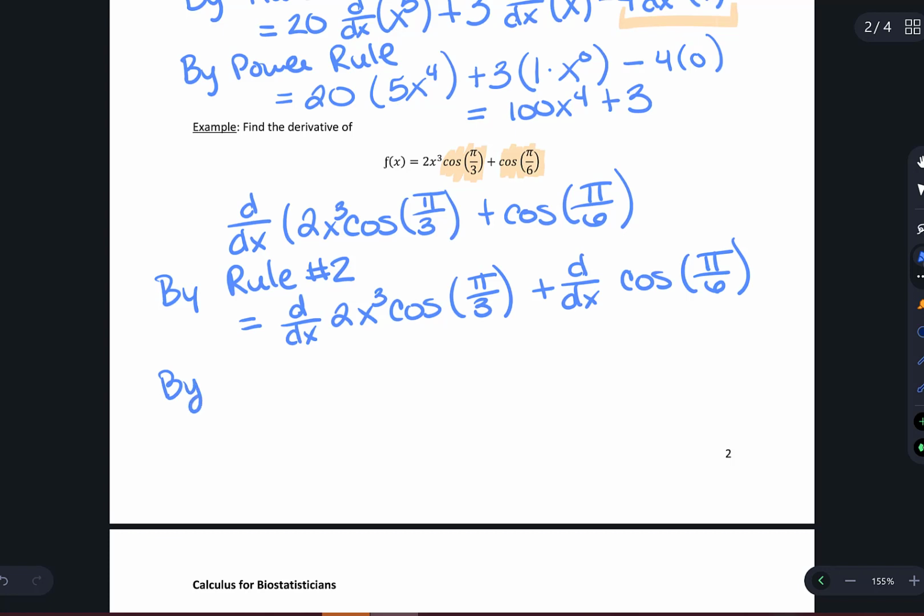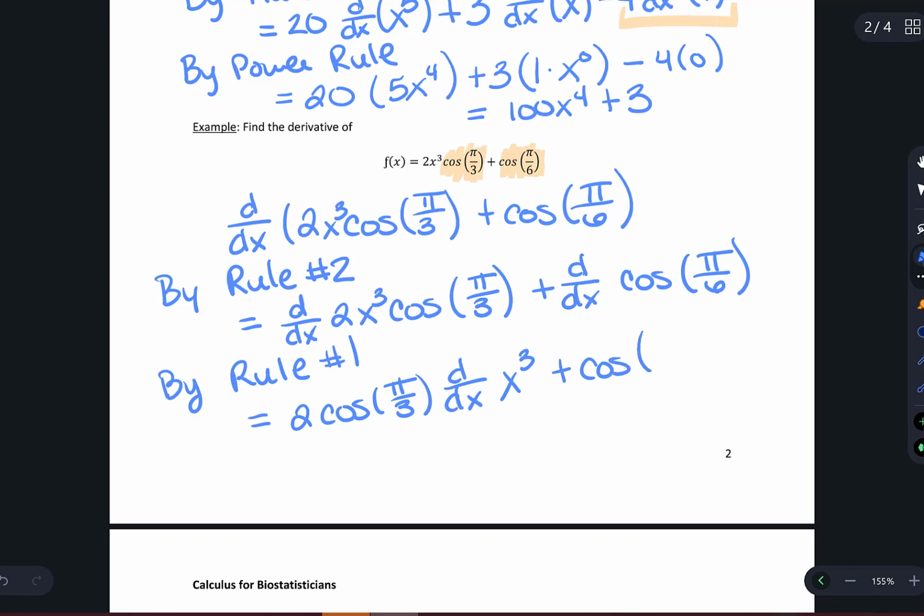And then by rule number 1, this is equal to 2 times the cosine of pi over 3 times the derivative with respect to x of x cubed plus the cosine of pi over 6 times the derivative with respect to x of 1.